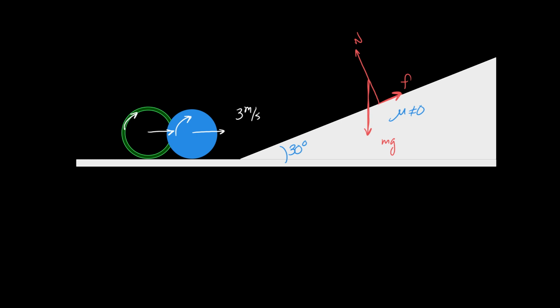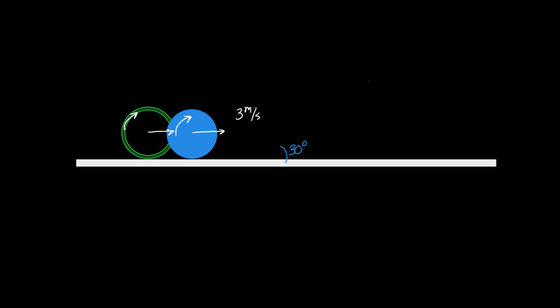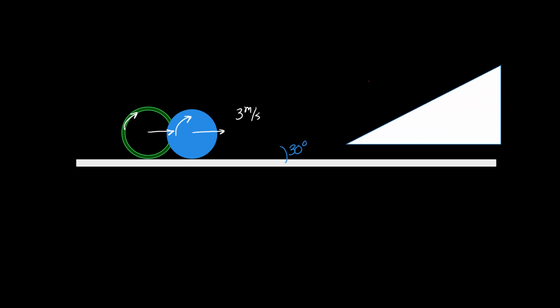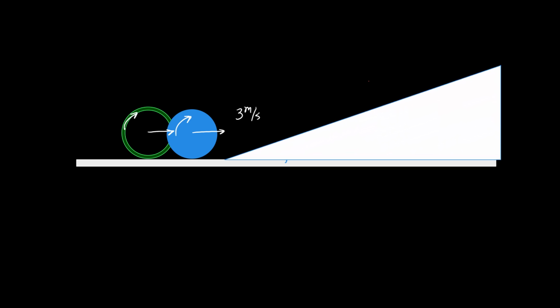Let's get all this stuff out of here. What I'm going to do is replace the ramp with a different ramp. So this ramp is similar, has the same angle and everything, so it's still 30 degrees.